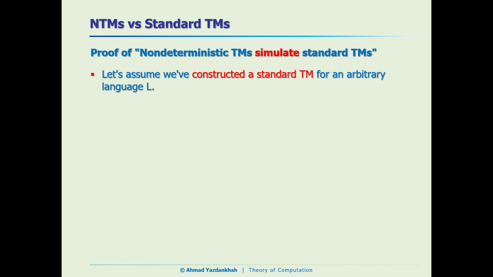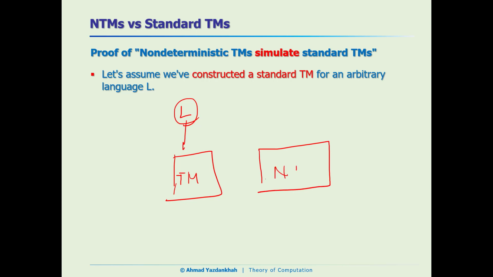How can we prove the first one? It means that we have a language and we have a standard Turing machine for that language. Now the question is, can I construct a non-deterministic Turing machine for the same language? Can I always do this?